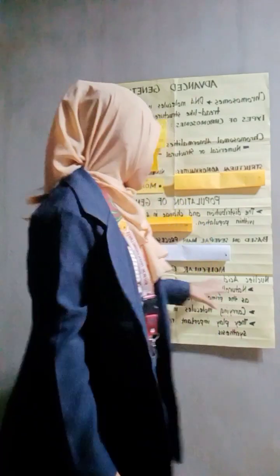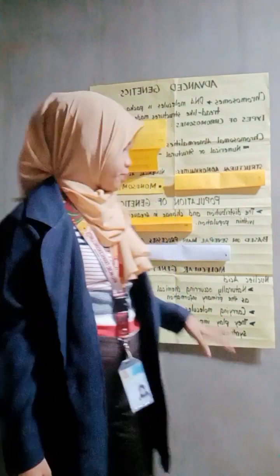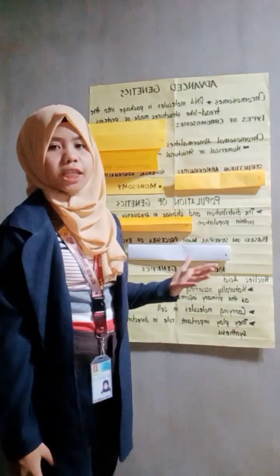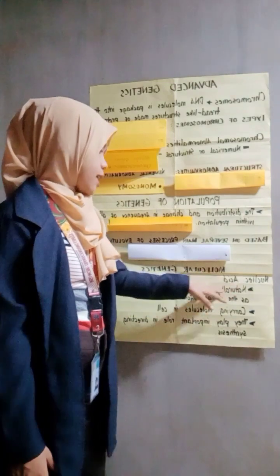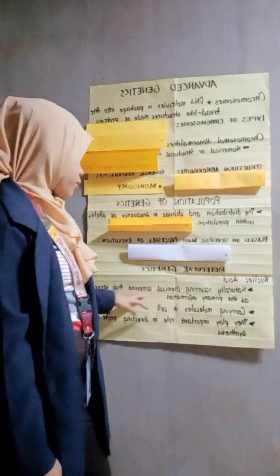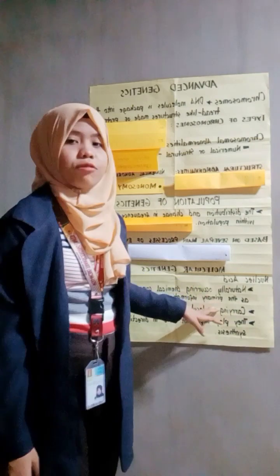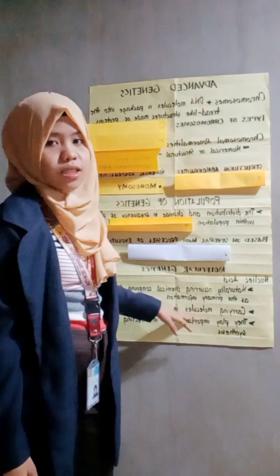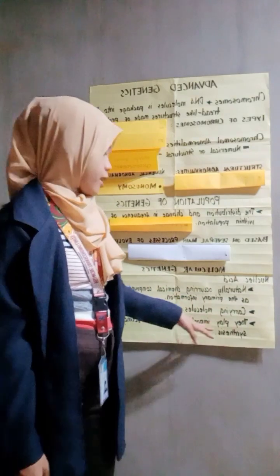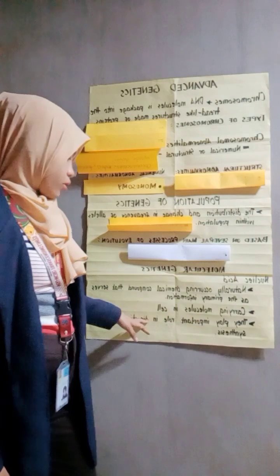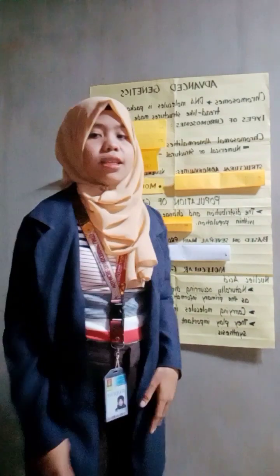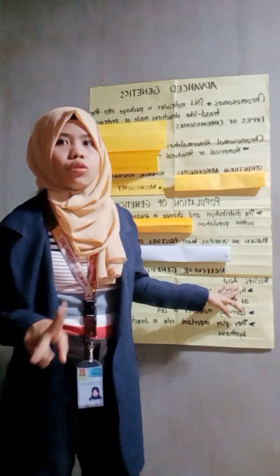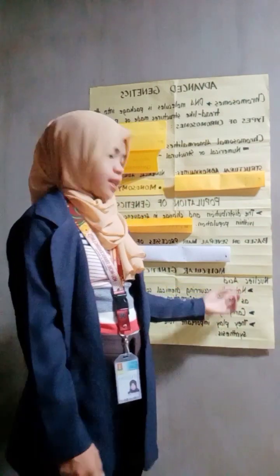We have here molecular genetics. Nucleic acid. Nucleic acid is a naturally occurring chemical compound that serves as the primary information-carrying molecule in cells, and they play an important role in directing protein synthesis. Class, did you know the two main classes of nucleic acid? Yes?